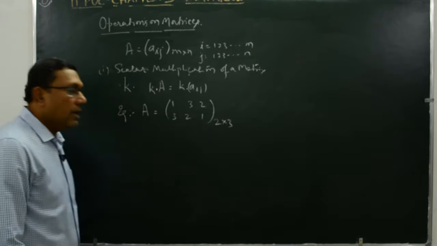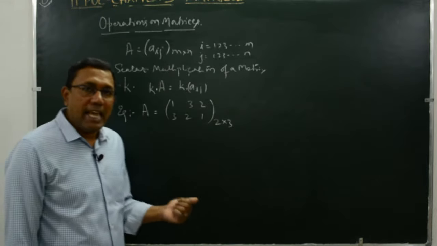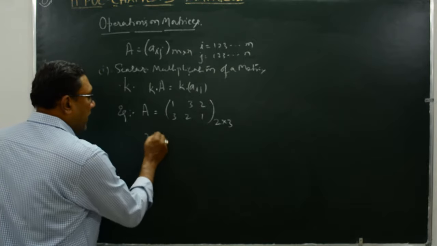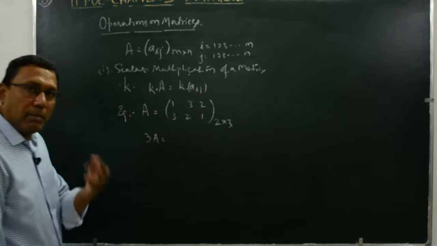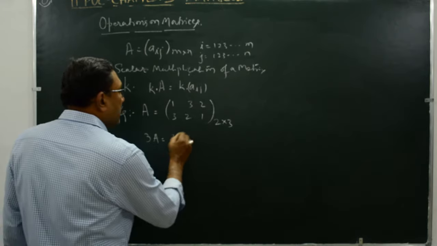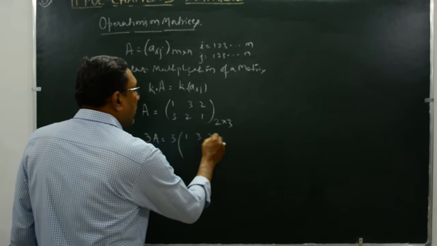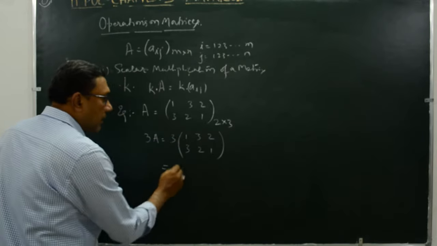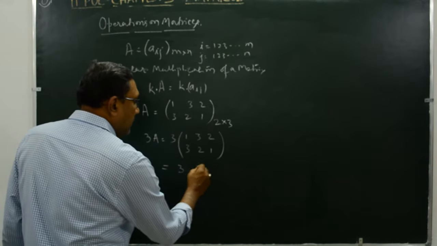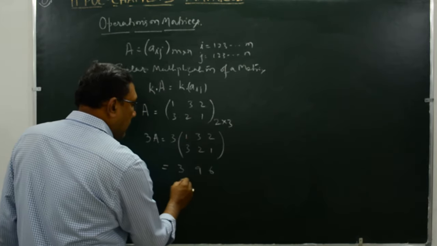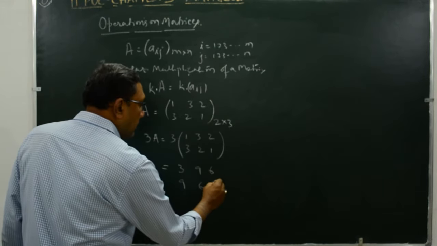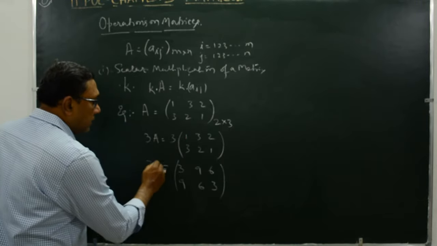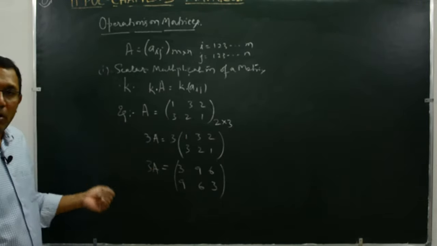Then if you multiply the matrix A by a scalar quantity, let us assume you are multiplying by the number 3, then what happens? 3 into [1, 3, 2; 3, 2, 1]. The resultant matrix will be 3, 9, 6, 9, 6, and 3. So this is called scalar multiplication of a matrix.